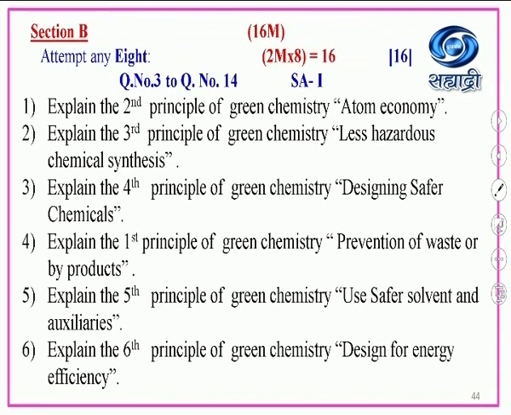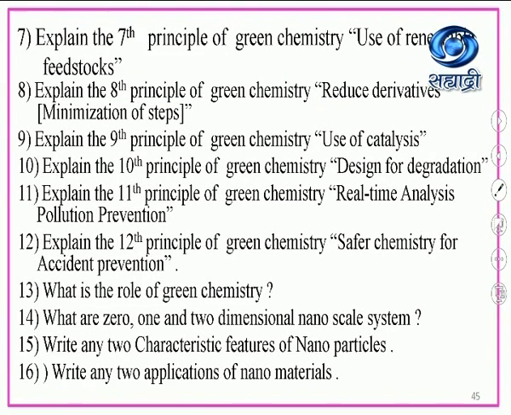Then question number 5, explain the fifth principle of green chemistry, use of safer solvents and auxiliaries. Then question number 6, explain the sixth principle of green chemistry, design for energy efficiency. So each question carries 2 marks. Explain the seventh principle of green chemistry, use of renewable feedstock. Number 8, explain the 8th principle of green chemistry, reduce derivatives, minimization of steps.